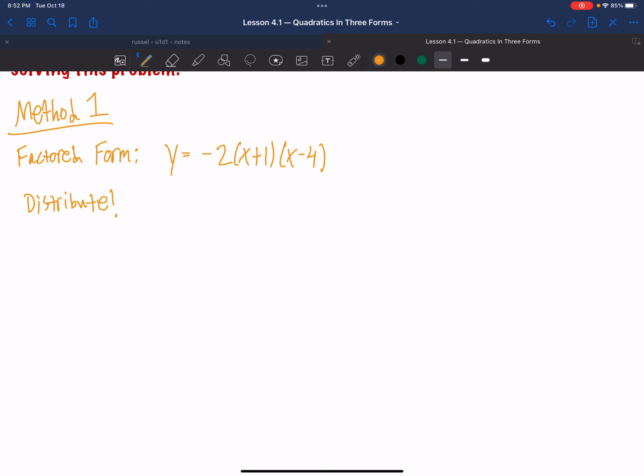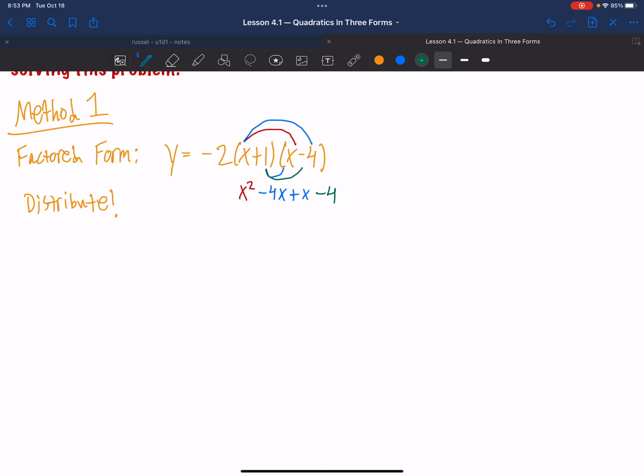So just observe. In order to distribute, we're going to save the negative 2 for last, and we're going to start with x times x is x squared, and then x times negative 4 is negative 4x, and then 1 times x is plus x, and then 1 times negative 4 is negative 4.